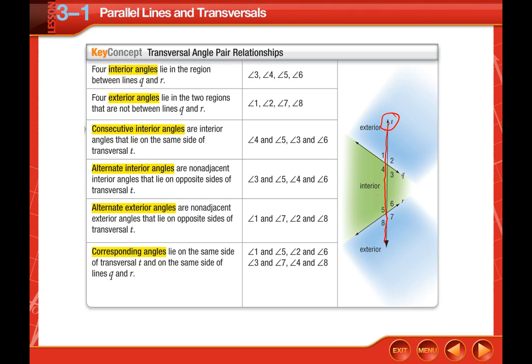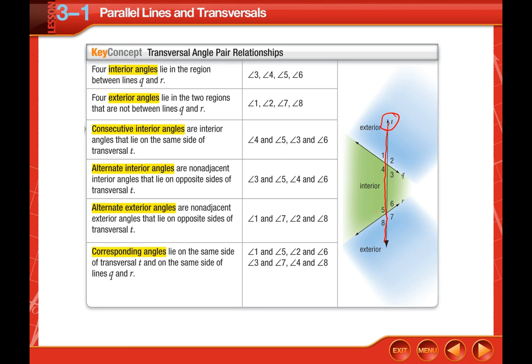Non-adjacent interior angles lie on opposite sides of the transversal. So we could say like angle 3 and angle 5, or angle 4 and angle 6. They alternate sides in the interior.